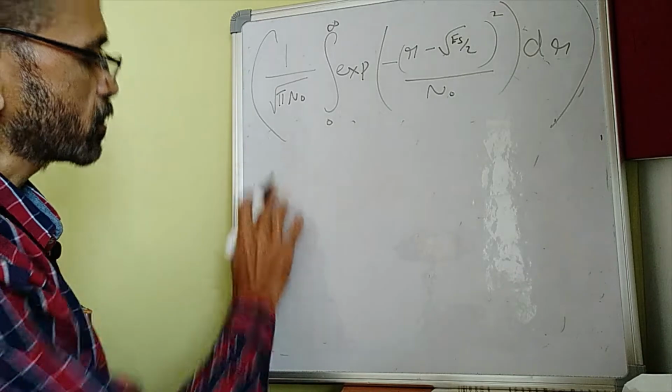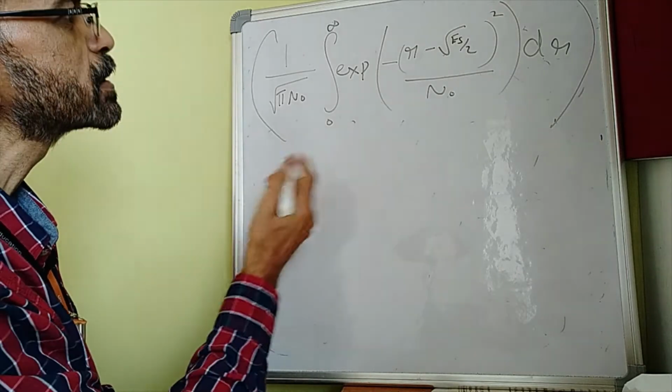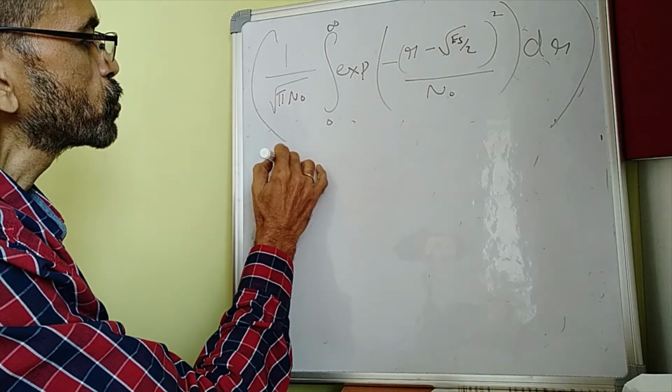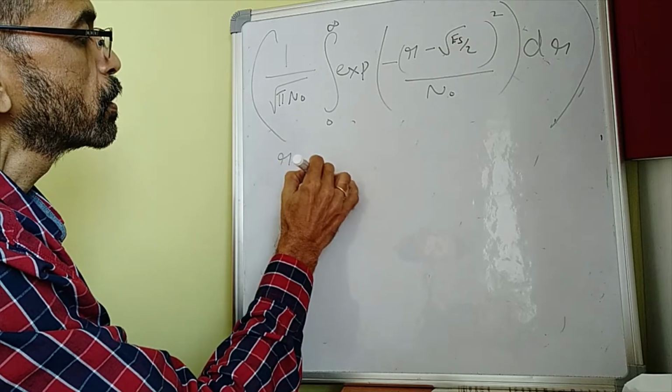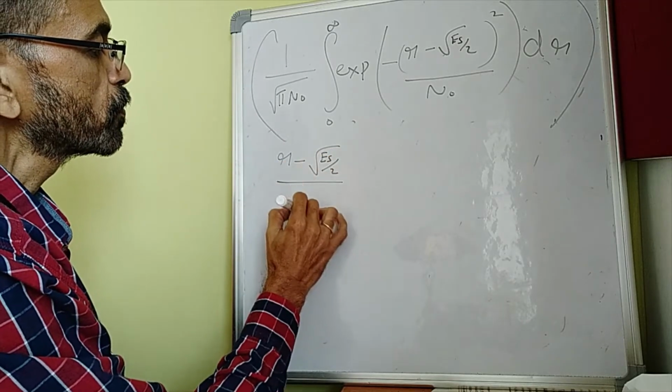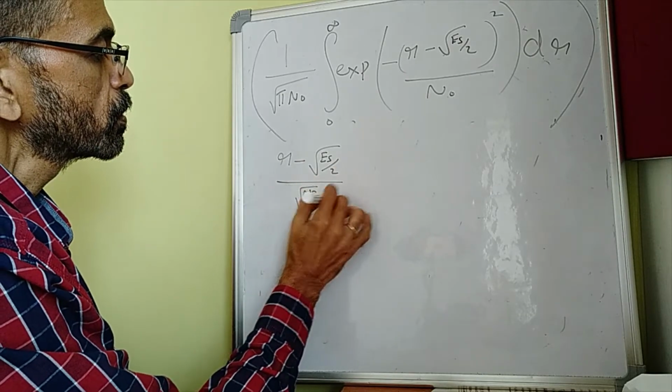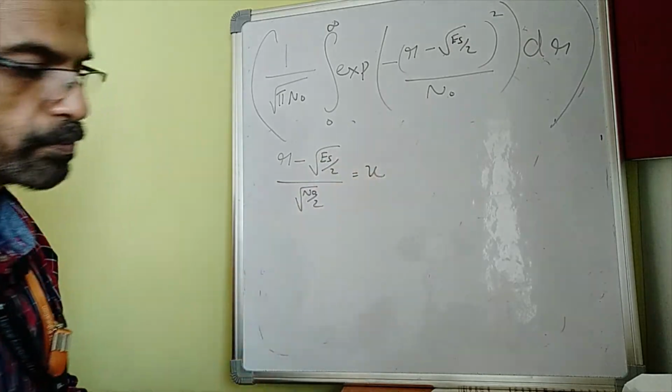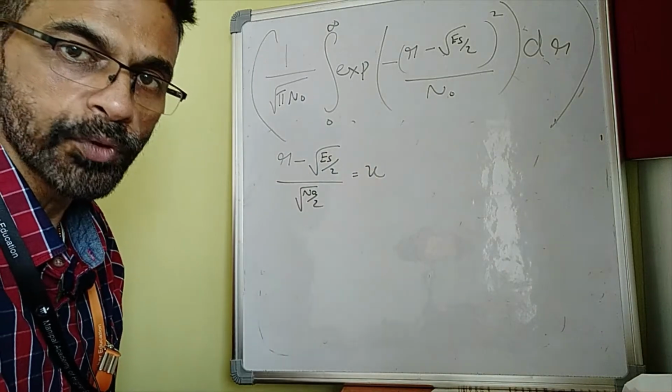Now before that, let's substitute for this. Let's say this is equal to u. We will bring it in terms of the Q function.